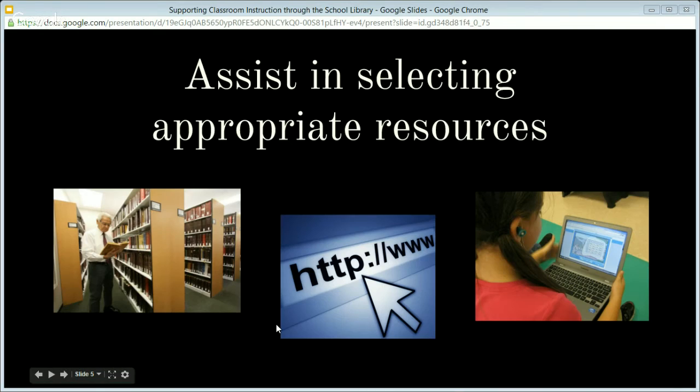So next, assist in selecting appropriate resources. This is so important. If you are trying to show that the library is the place to be, or that it has resources that the students and teachers need, then you can play a role in assisting the teachers or the students in selecting appropriate resources.